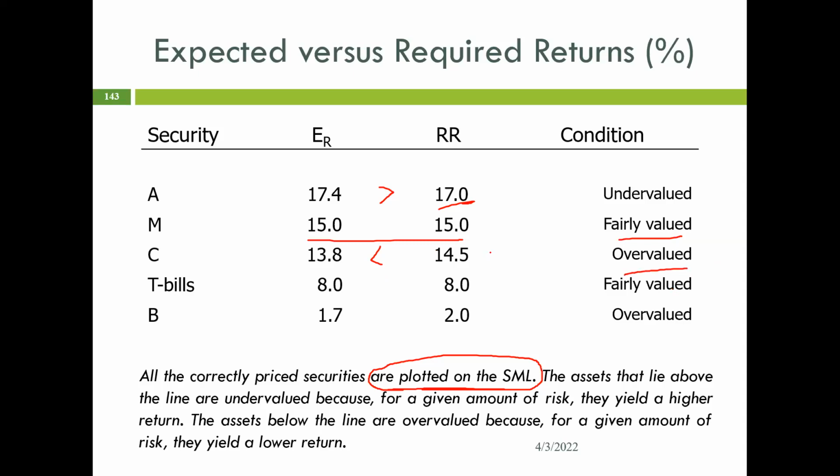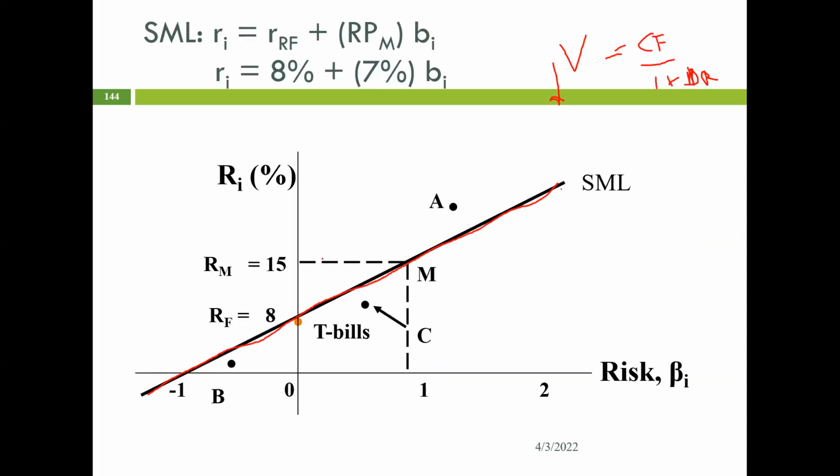This is overvalued because the rate of return should be 14.5%, but the expected return is 13.8. So the stock is below the security market line. It should be here, but it is here. So that is below the security market line, so it is overvalued.